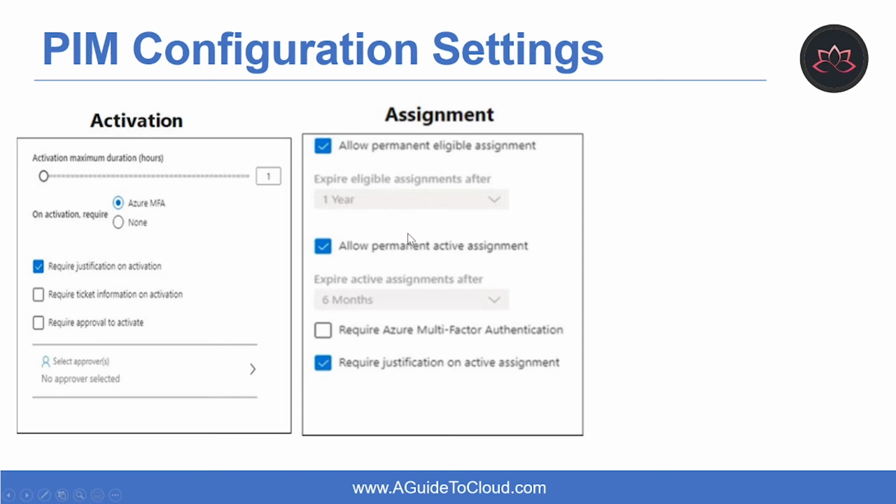The second important setting is allow permanent active assignment. These settings allow global admins and privileged role admins to assign active assignments. They can also require that all active assignments have a specified start and end date.